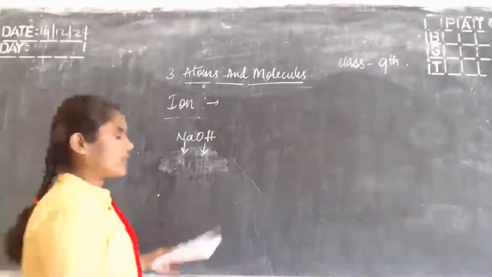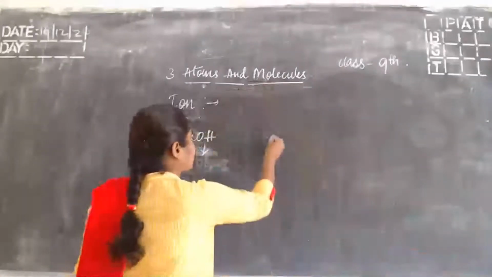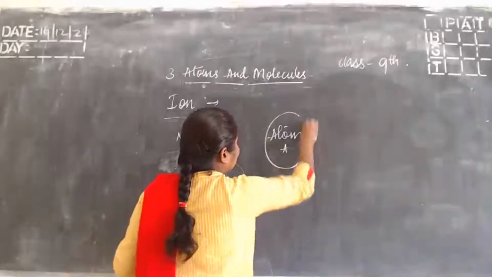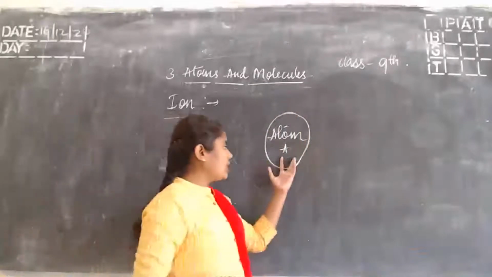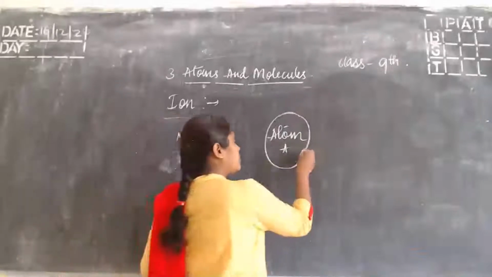For example, imagine this is atom A. Whenever these atoms are bound, they have electrons in them.